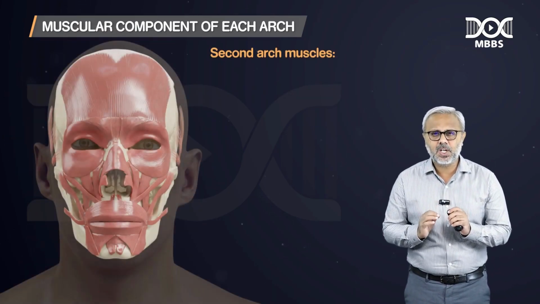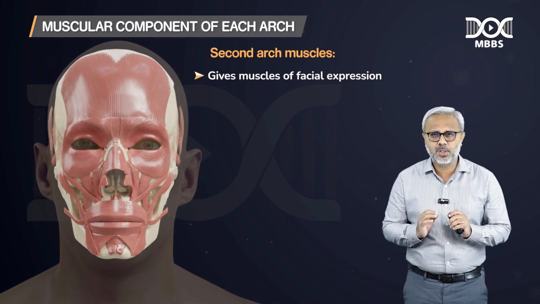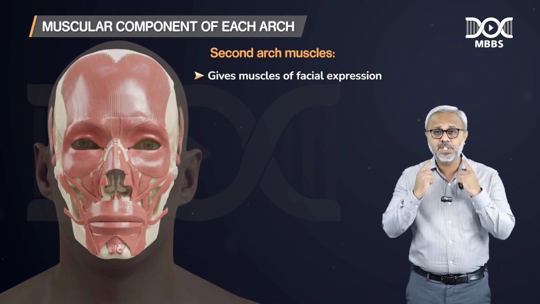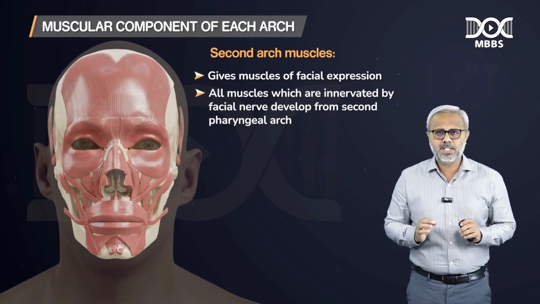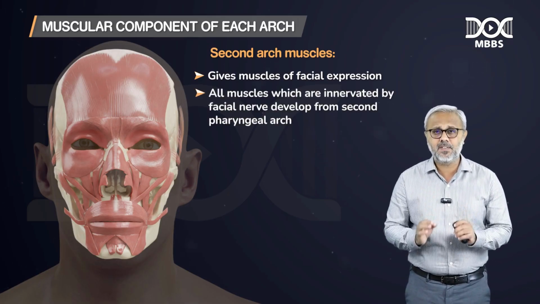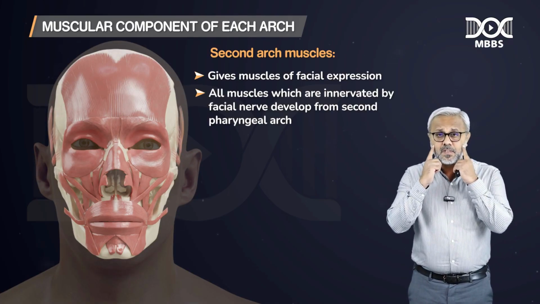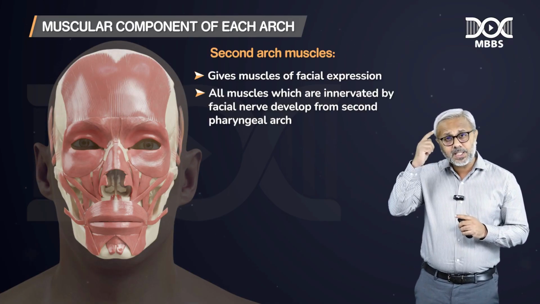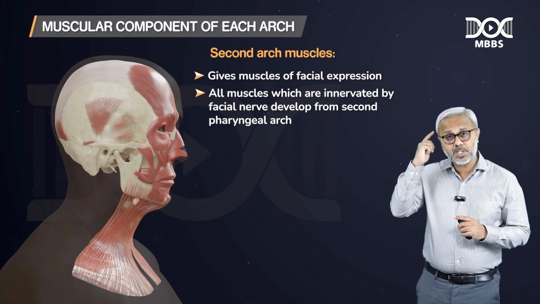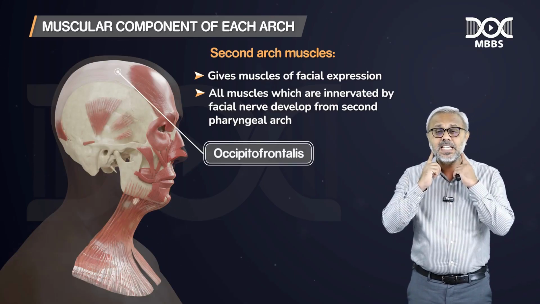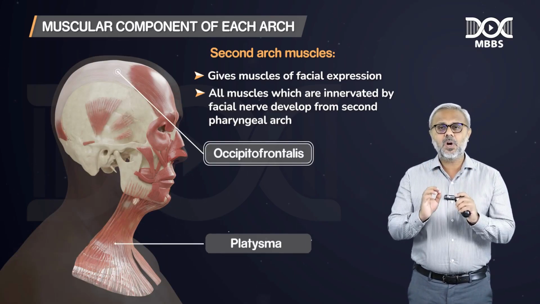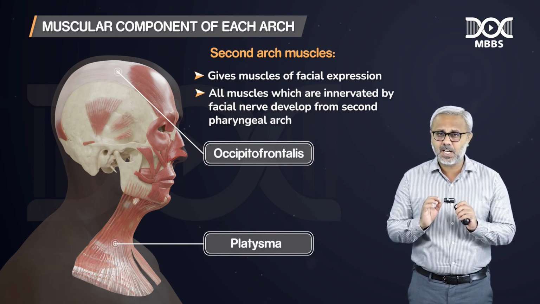The second pharyngeal arch mainly gives origin to the muscles of facial expression. All the muscles which are innervated by the facial nerve develop from the second pharyngeal arch. So, the muscles of facial expression including the muscles of the scalp, that is the occipitofrontalis, then even the platysma, all of these develop from the second pharyngeal arch.